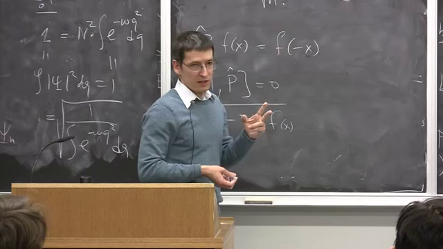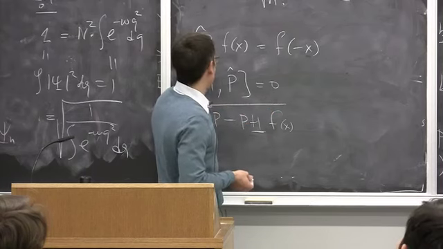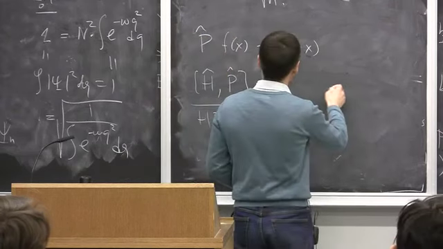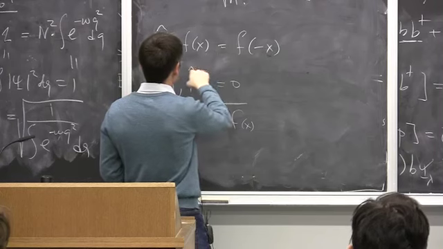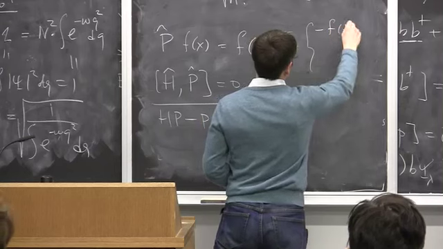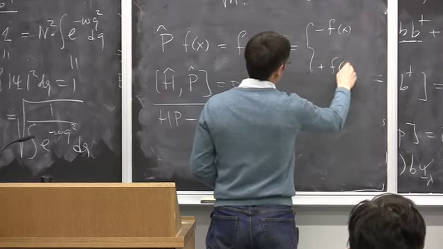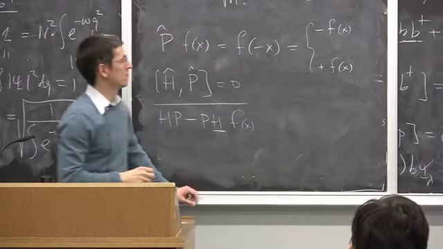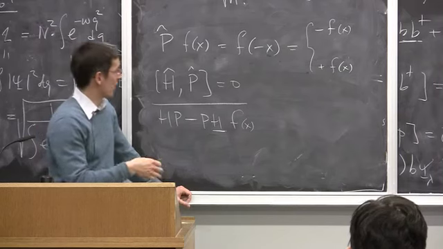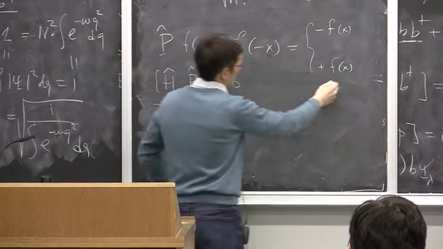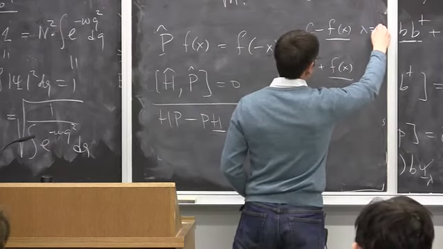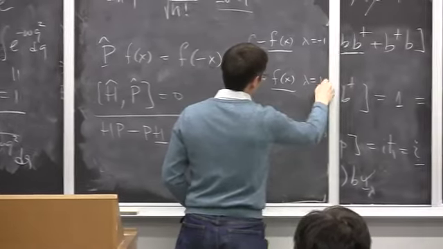Well, there are two types: they are either symmetric or antisymmetric. So for any such function, when you act with parity on f of x, you get either minus f of x or plus f of x. Sorry, these are eigenfunctions of P that have these two properties. So this would correspond to lambda, the eigenvalue, equals -1, and this one corresponds to lambda equals 1.